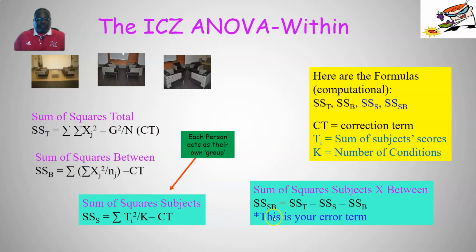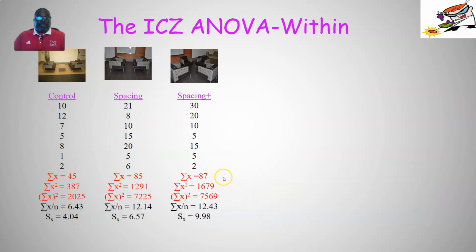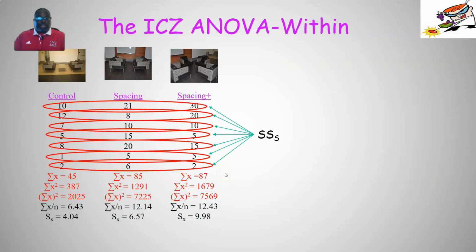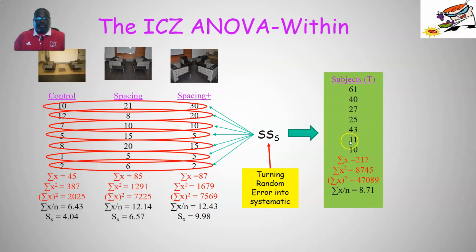So this becomes your error term. This is what you're now going to be dividing by. So again, let's take those same numbers. The point again is that we're treating each person as their own group. What that does is it takes this random variability that would have gone in the error pile and turns it into systematic. So now essentially you're creating another group.